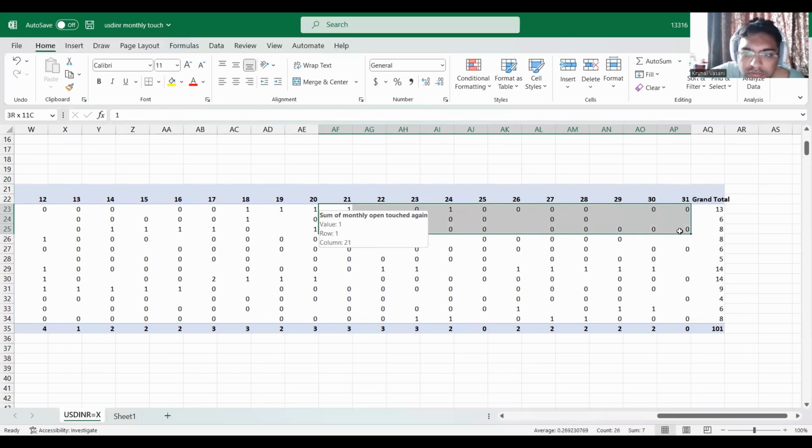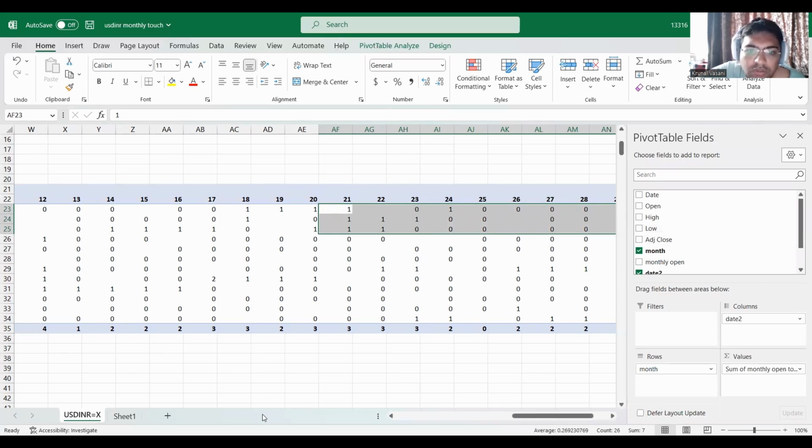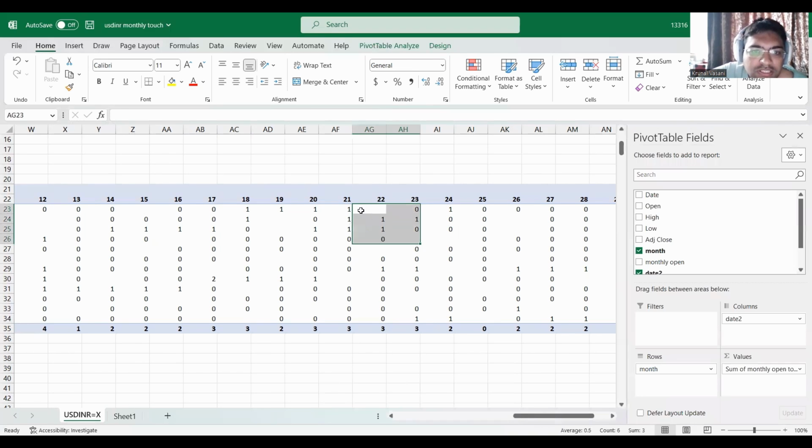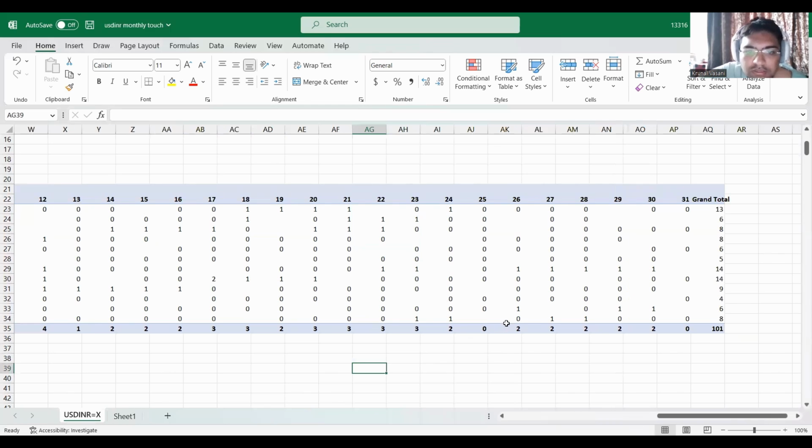From 21 to 31, if it touches the monthly open, the count is 7, and it was in the Jan, Feb, and March months. So in Jan, Feb, and March, we can do option selling from the 15th day to get the decay till the 21st day, because the probability of touching the monthly open is higher.